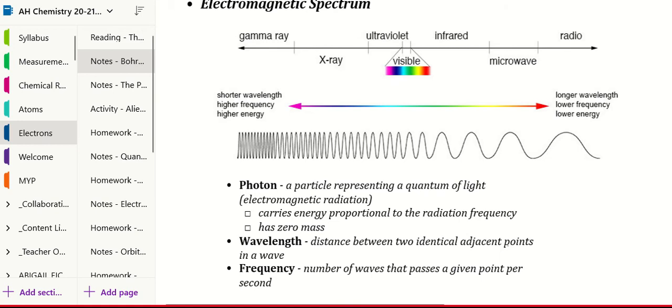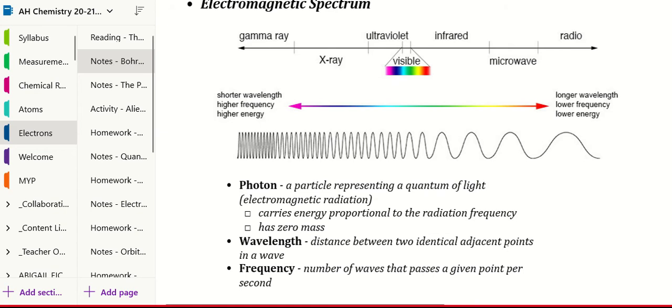Shorter. So the waveforms are smaller. Higher energy. So if we were just to describe the relationship between energy and wavelength, we would say they were inversely related, right? As one goes up, the other goes down. So if wavelength goes up, what happens to energy? Goes down. And there are equations to describe that.